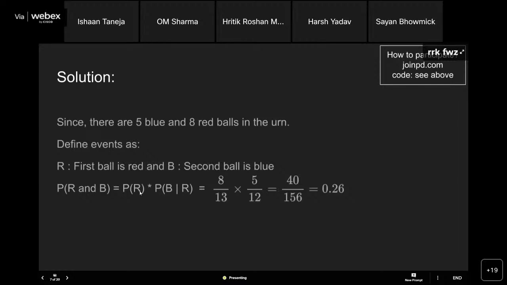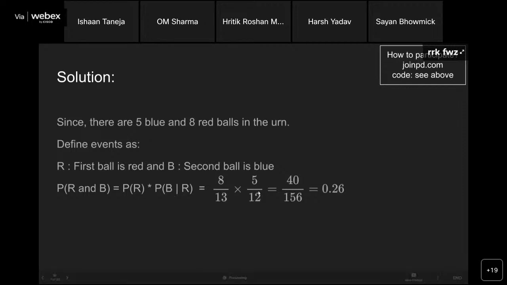The first ball being red is the probability of event R, and the second ball being blue, given that the first ball is red, is the probability of B given R. In B given R, we have only 12 total outcomes, and my favorable ones are all 5 blue balls. That's why it's 5/12.